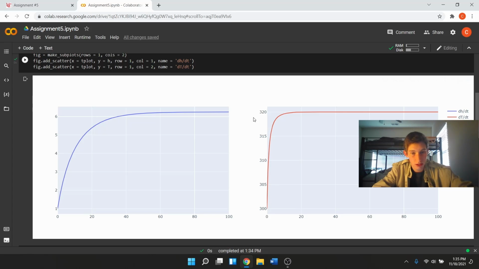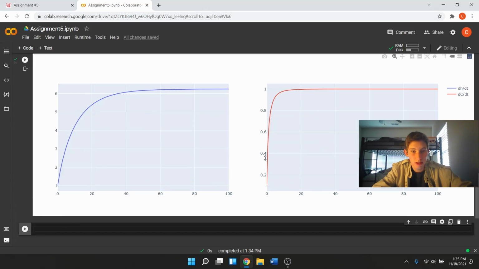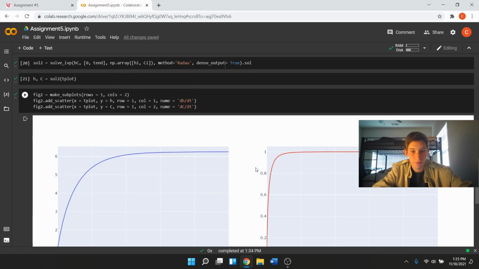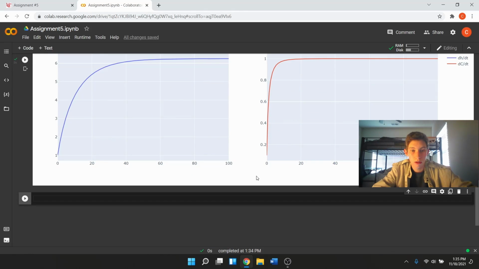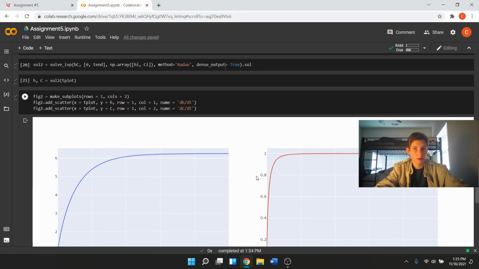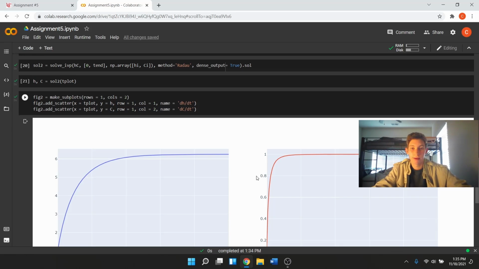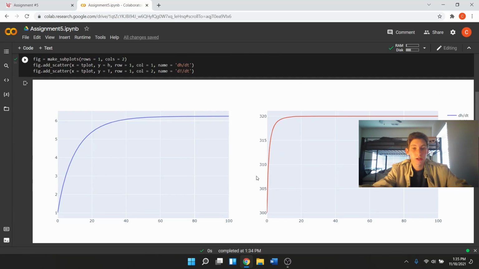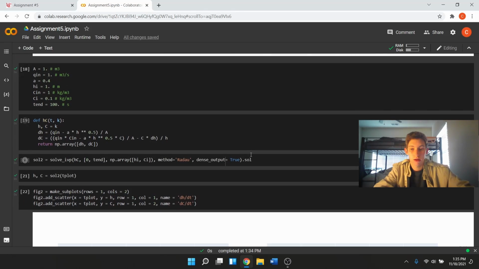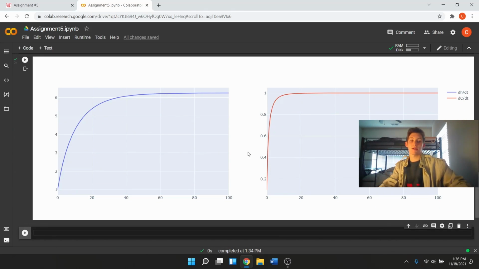So this is measured in Kelvin, whereas this is in kilograms per meter cubed. So this is looking at first the relationship between the change in the water level and temperature for a non-steady state mass flow, and then same thing here except for the change in the water level with concentration. So yeah, thank you for watching.